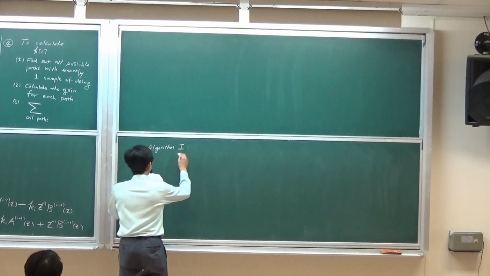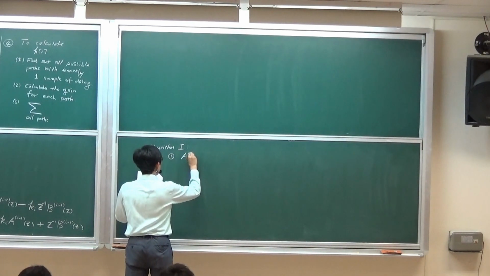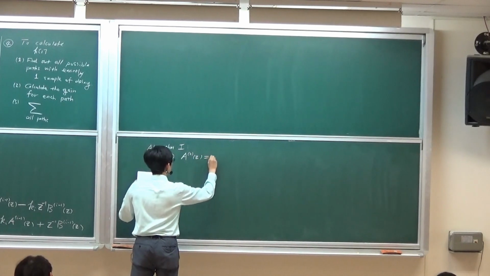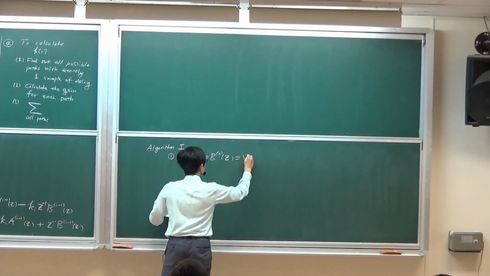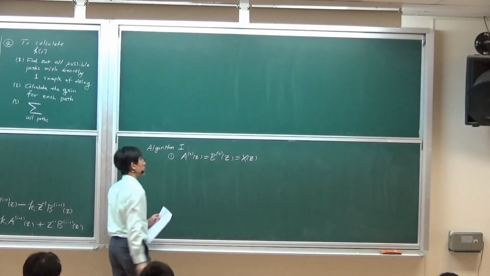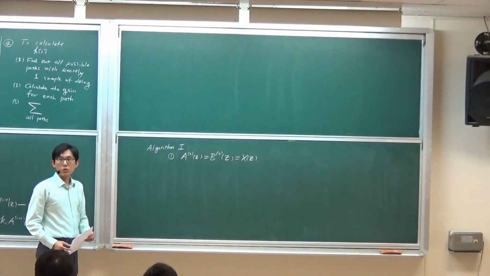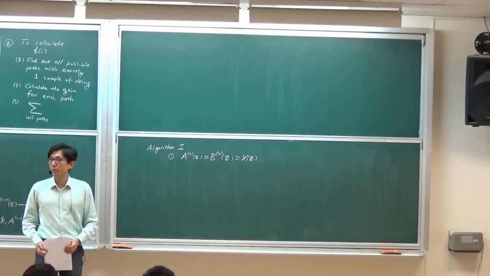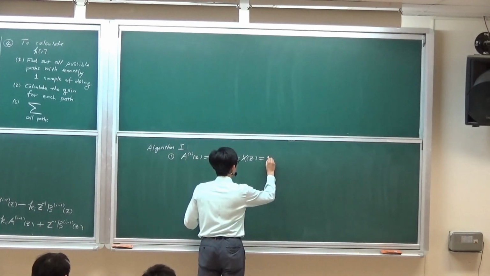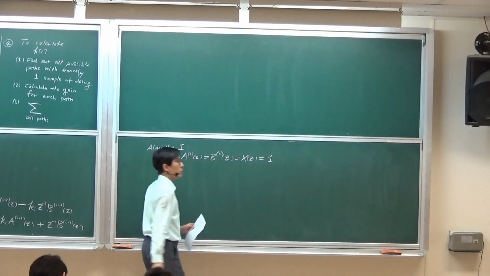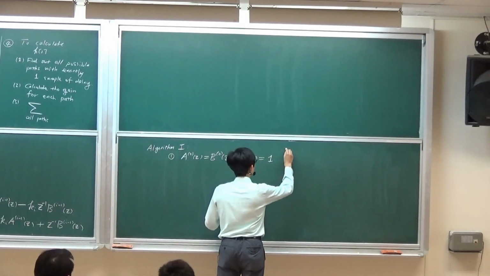First, note that A0 of Z and B0 of Z are exactly the input. And since we want to calculate the impulse response, let's say x of Z is 1, which means that x of n is the delta function.